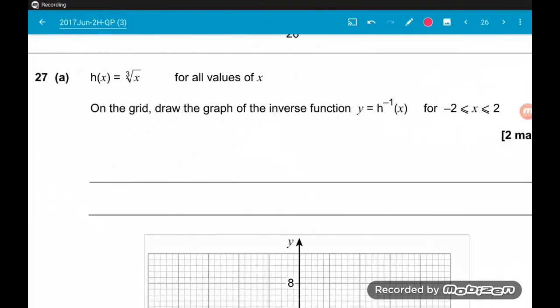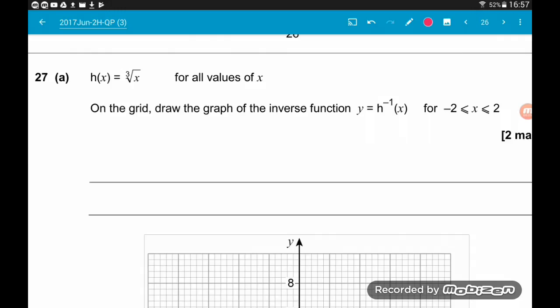Okay, question 27, we've made it to the final question. So here we've got h of x is equal to the cube root of x for all values of x. On the diagram below, we want to sketch the graph of h minus 1 of x for values of x from -2 to +2.